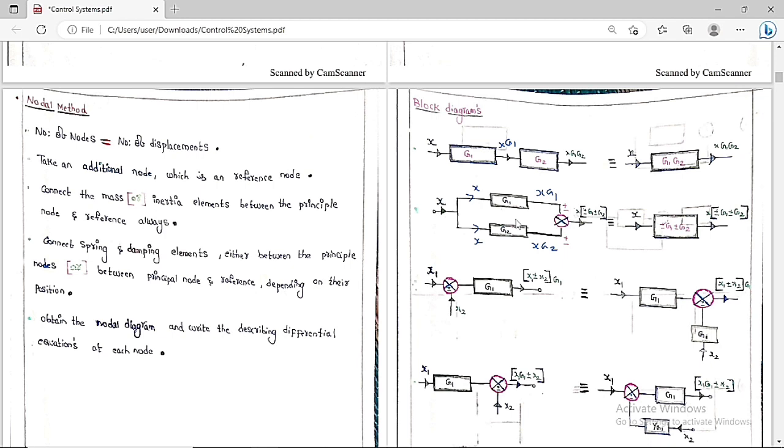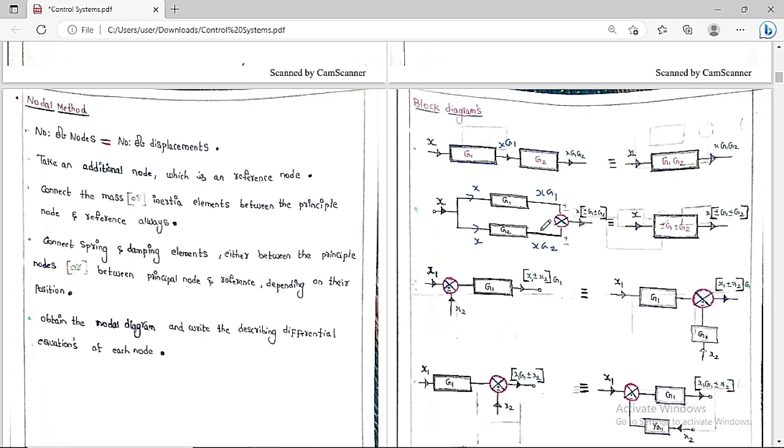So you are going to get plus or minus X into G1, plus or minus X into G2. So this is the output. If you take X common, you are going to get X times plus or minus G1, plus or minus G2. Then what is the simplified block diagram? Input is X and the overall gain is plus or minus G1, plus or minus G2. So output is nothing but X into plus or minus G1, plus or minus G2.